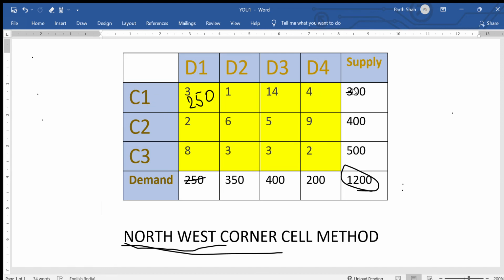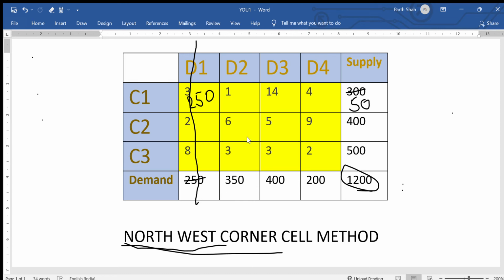The remaining quantity in company 1 is 50 units, since 300 minus 250 is 50. After the first allocation, company 1 has a supply of 50. As the demand of destination 1 is exhausted, we cancel out the whole column.